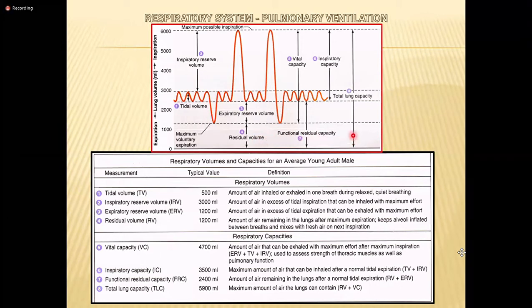So with your functional residual capacity, you cannot determine this by spirometry either. You can just compute.